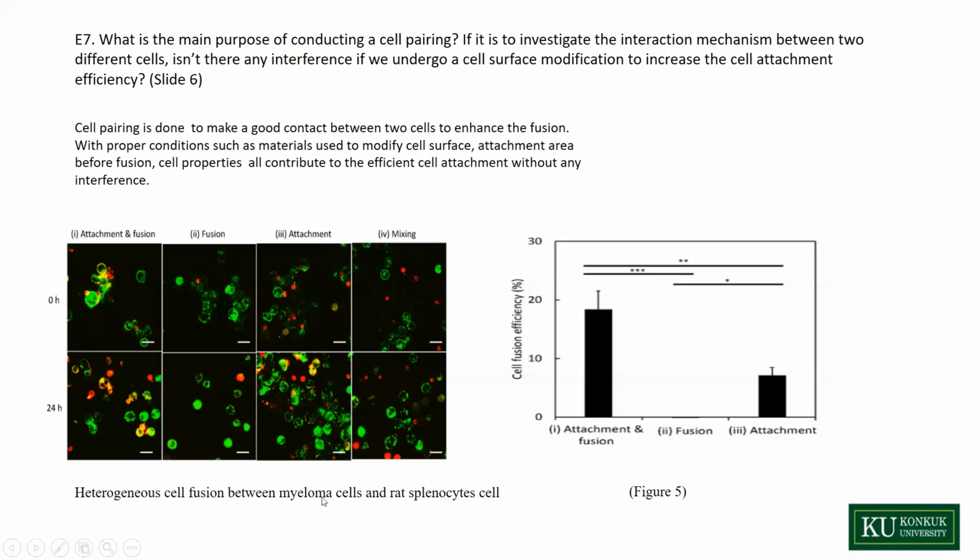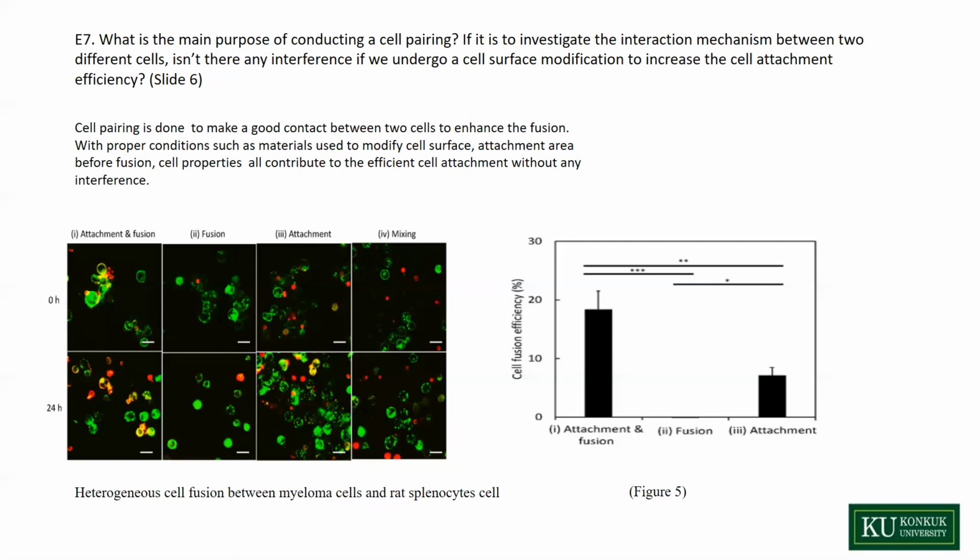Here the myeloma cell surface is modified with a PEG-lipid polymer, and the rat splenocyte cell surface is modified with PEG lipids. After the modification of the cell surface, they are attached and fusion occurs.